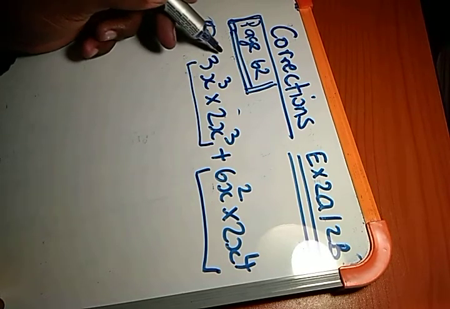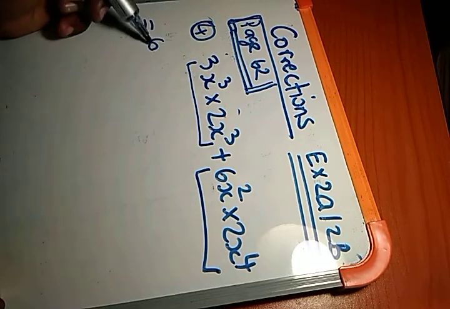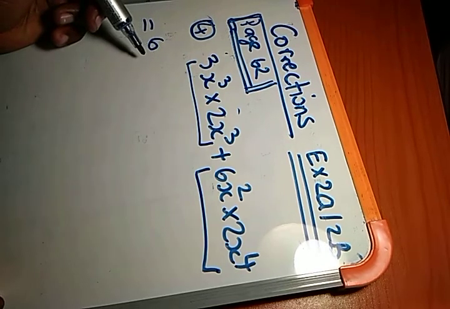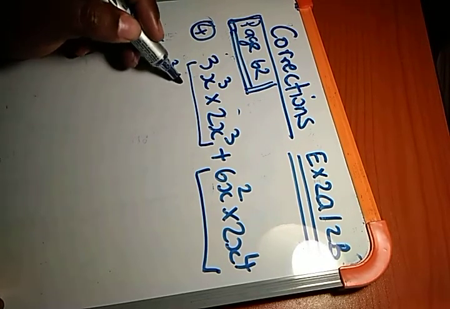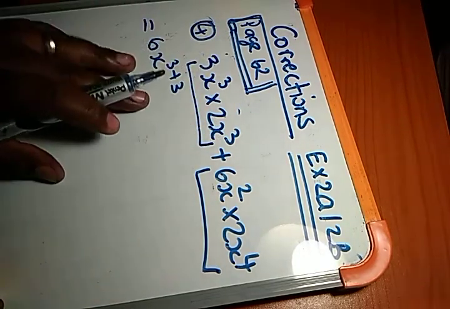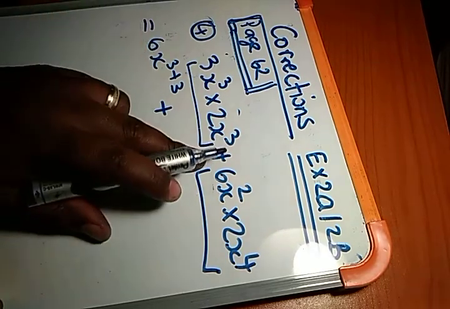We're going to start with the number. 3 times 2 is 6. And then we're going to go to the exponent. Now it's going to be x to the 3 plus 3. There's 2 powers of the same base, we add those exponents.